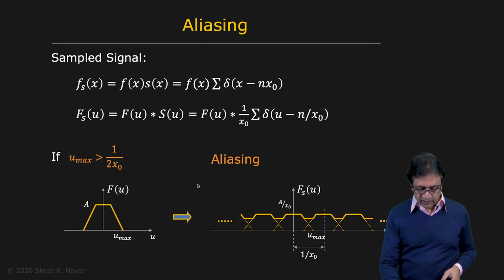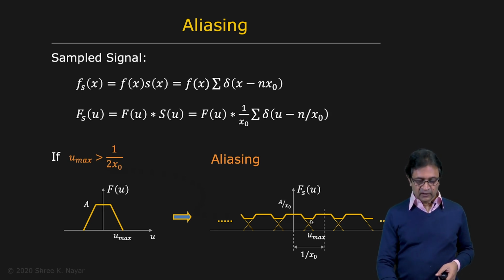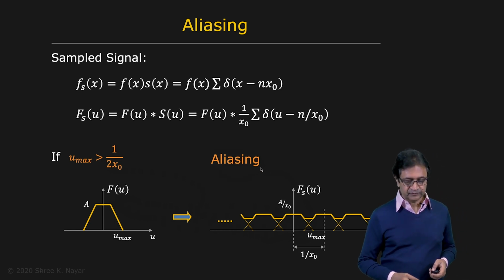And in this overlap region, what happens is that you get new frequencies, and from the overlap region, there is no way to figure out what the original function f of u is in this region right here, because there are many f of u's that would have created the same overlap region. Therein lies your problem, and the creation of these new frequencies is really what is referred to as aliasing. It produces artifacts in images.